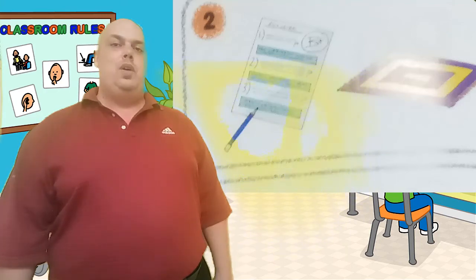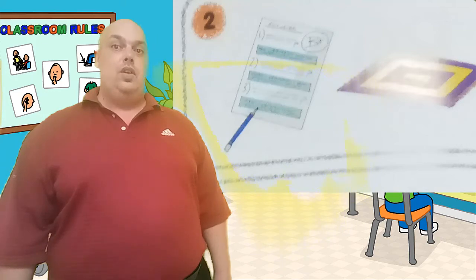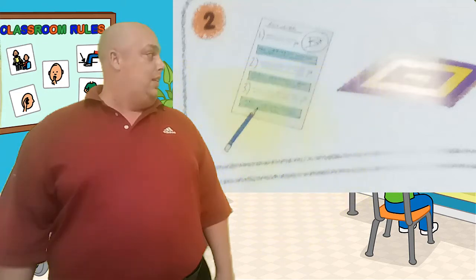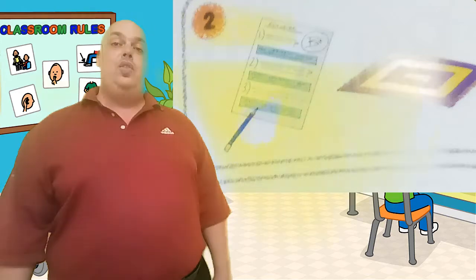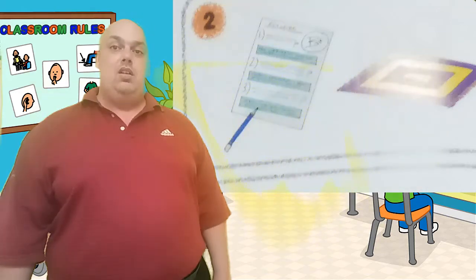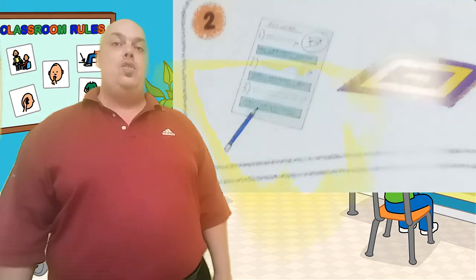I'm not going to say what those two pictures are, but I am going to tell you which one you need to circle. So in this box, I want you to circle the picture of a quiz. Quiz. So circle the picture of a quiz. Are you ready?